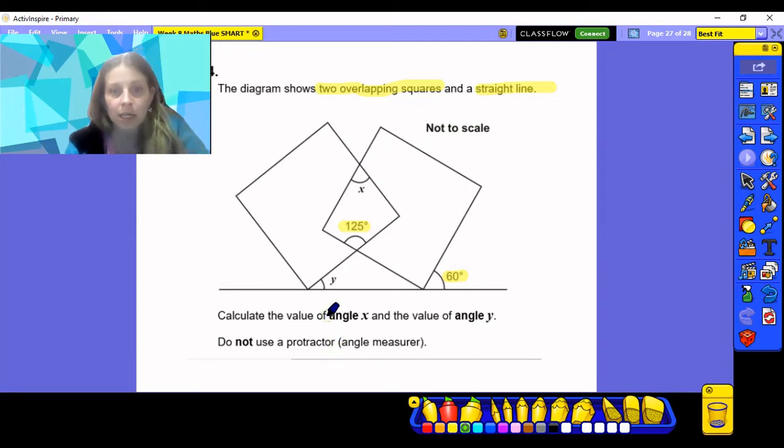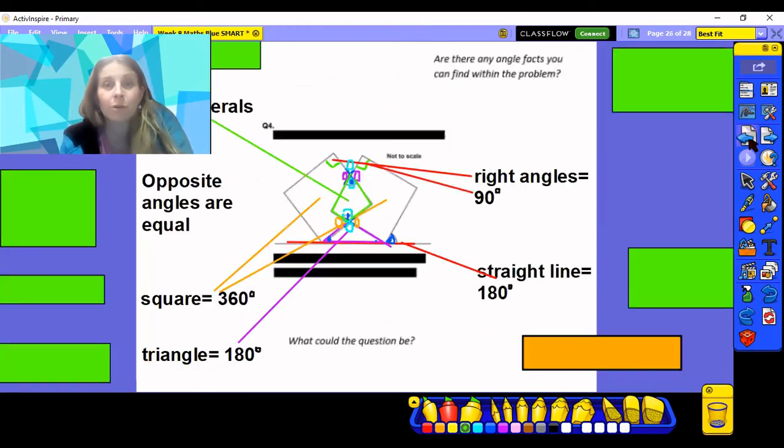And it's asking us to calculate two angles on here, the angle X and the angle Y. Now, I'm not going to go through how you'll get the answer to this question, but you will know from our previous diagram, and you will hopefully have been jotting down your own facts, there are lots of things that we can already know to help us find the answers.